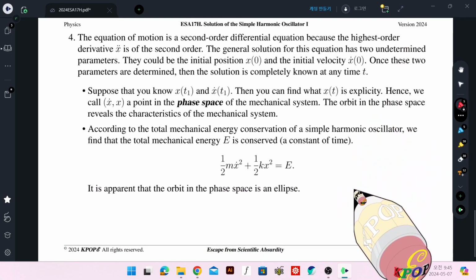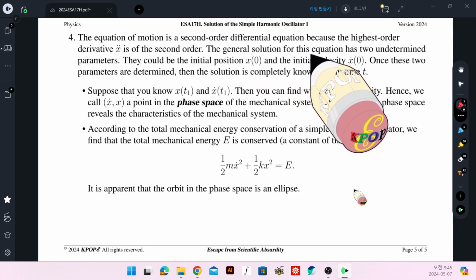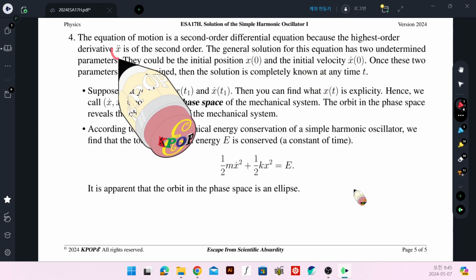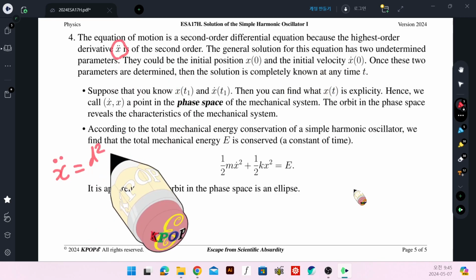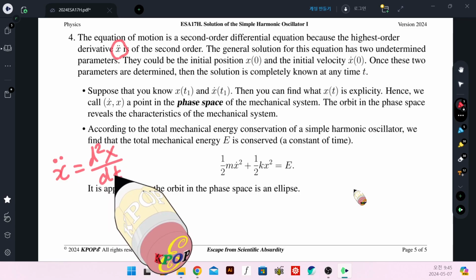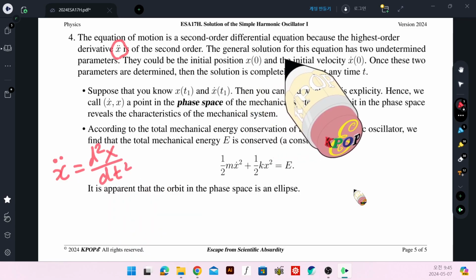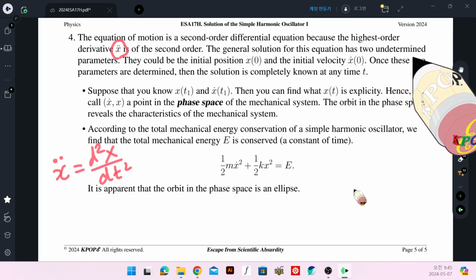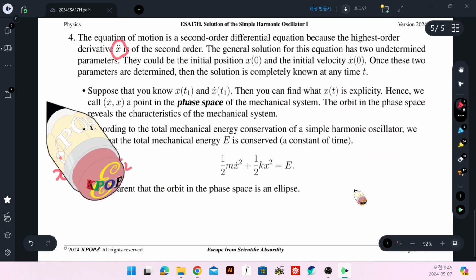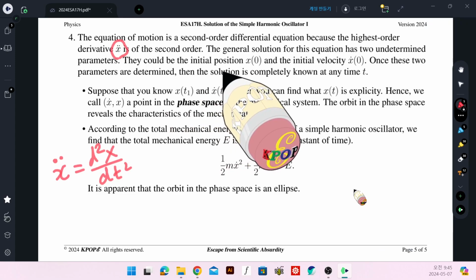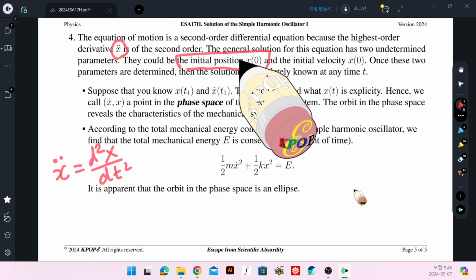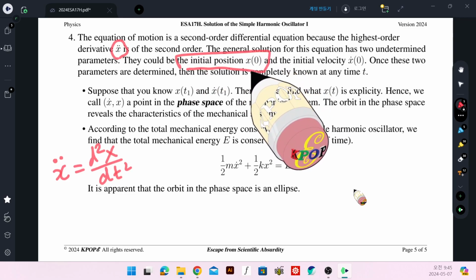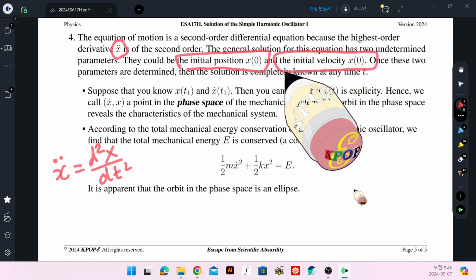Number 4, the equation of motion is a second order differential equation because the highest order derivative, x double dot, is the second order derivative of the displacement. The general solution for this equation has two undetermined parameters. They could be the initial position x0 evaluated at t equals 0, and the initial velocity.